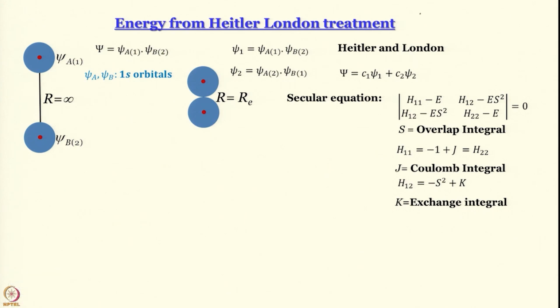So, I get something like (H11 minus E) multiplied by (H22 minus E) minus (H12 minus E S) squared is equal to 0.